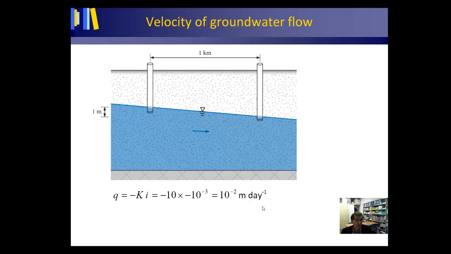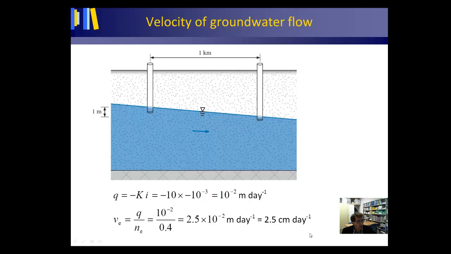This, of course, is not the velocity. The velocity is your volume flux divided by your effective porosity. And an effective porosity of a sandy aquifer can be somewhere in the vicinity of 0.4 if it's well-sorted sand. So then we get 10 to the power minus 2 meters per day divided by 0.4, which will give you a real velocity of 2.5 centimeters per day.